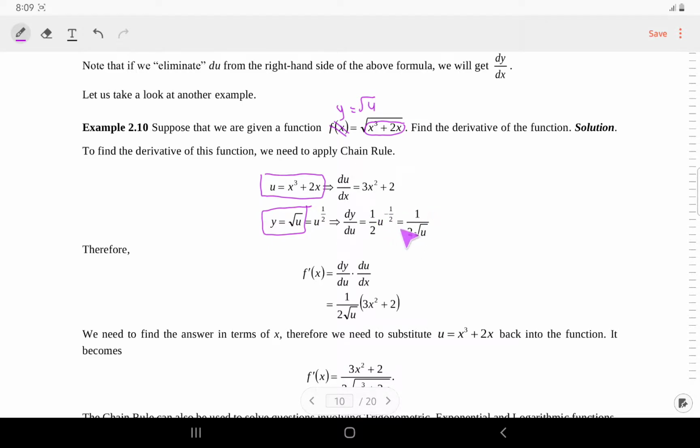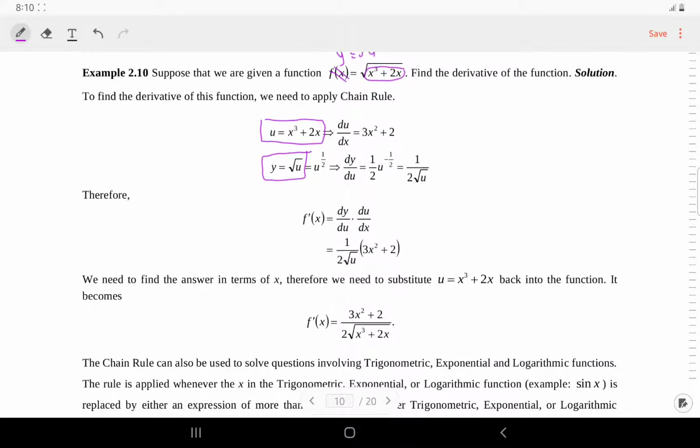So it equals 1 over 2 square root of u. And then we apply the same step as the example before, where we multiply these two differentiations, du over dx multiplied with dy over du. So we get 1 divided by 2 square root of u, multiplied with 3x squared plus 2.